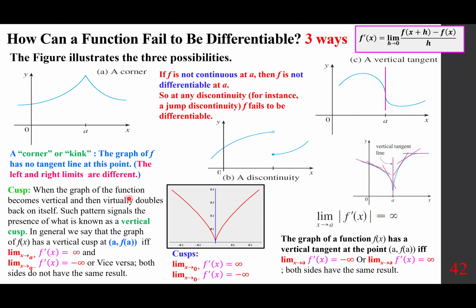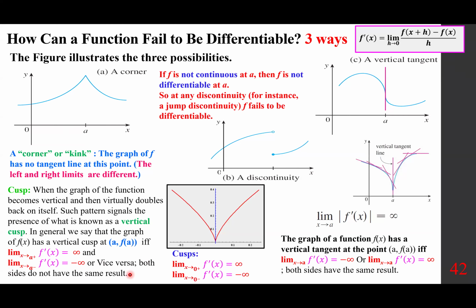So when the graph of the function becomes vertical and then virtually doubles back on itself, such a pattern signals the presence of what is known as a vertical cusp. In general, we say that the graph of f of x has a vertical cusp at the point (a, f(a)) if and only if the limit of f prime of x as x approaches a from the right is infinity, but from the left is negative infinity, or vice versa.